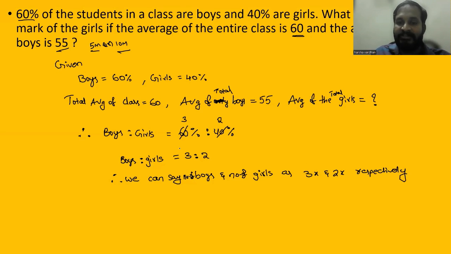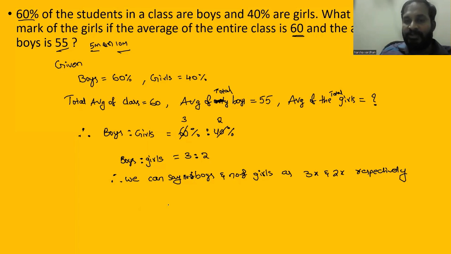Why? Because the ratio is 3 is to 2, so I can take them as 3x and 2x respectively.